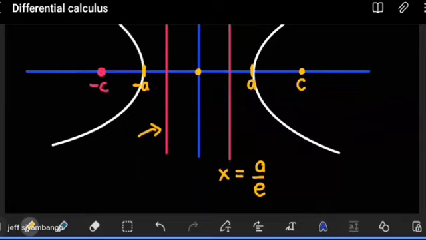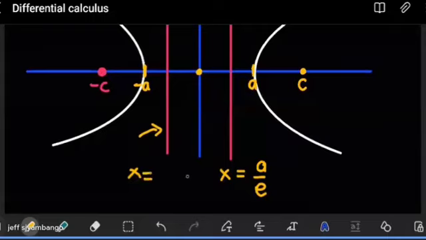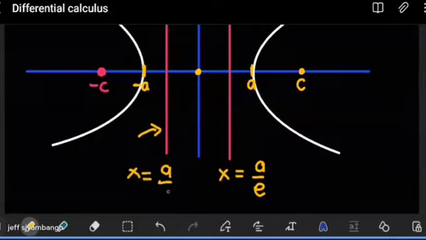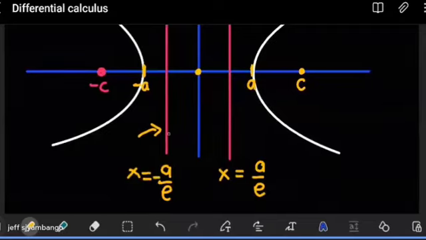While this one going to the left side, since the distance from the center to this one is the same as the distance from the center to the other, it implies that it will have the same expression, but negative. So this is going to be minus there. This is the equation for this directrix, and this is the equation for the other directrix.